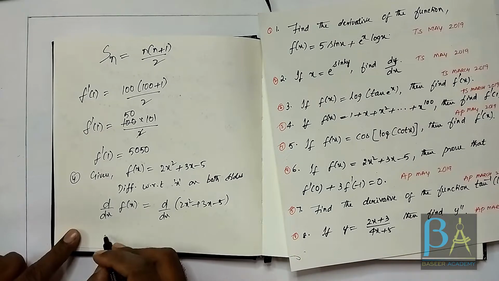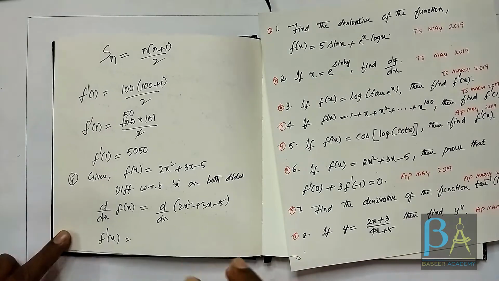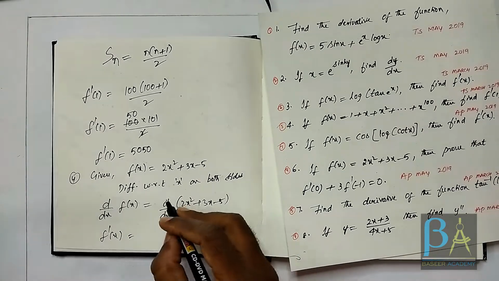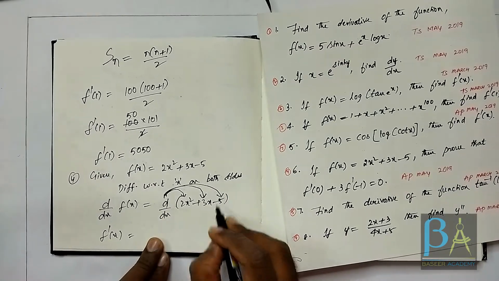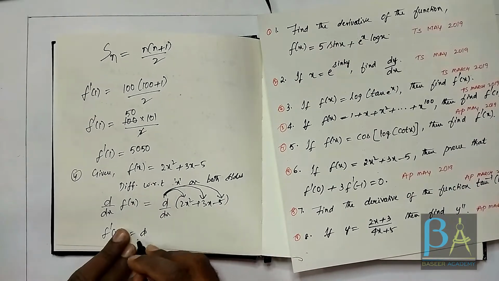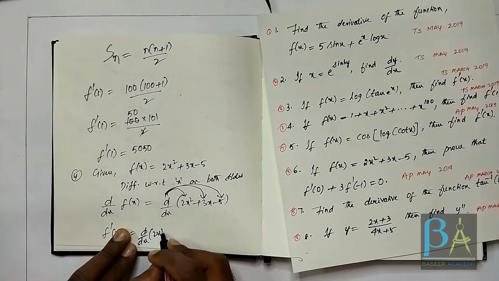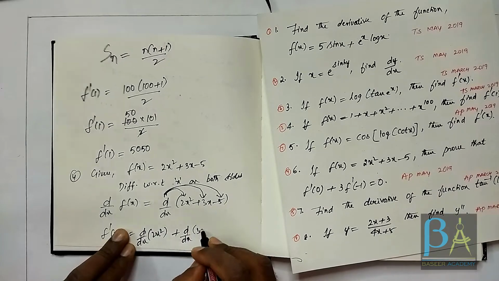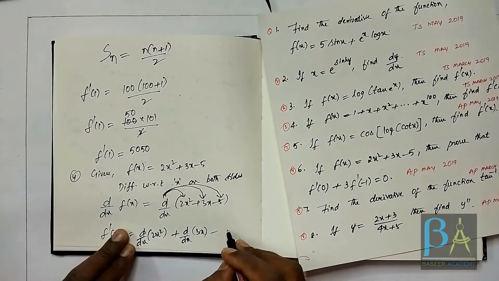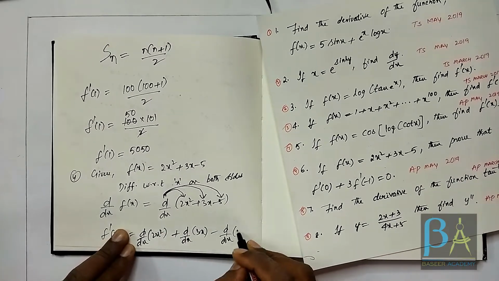D by dx of f of x is nothing but f dash of x. And how are you going to differentiate this? You can distribute the differential to the first term, to the second term, and to the third term.